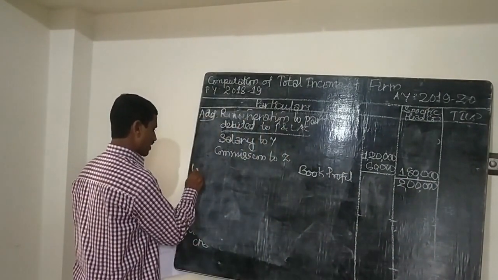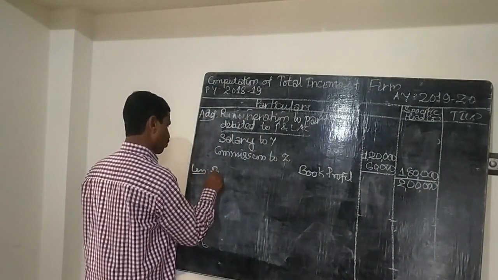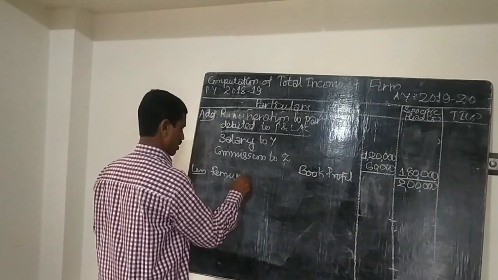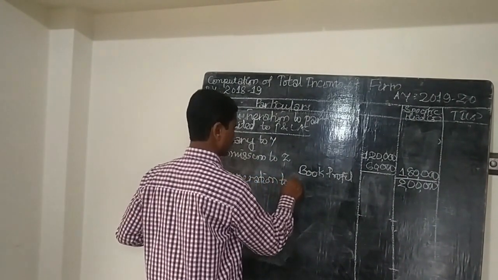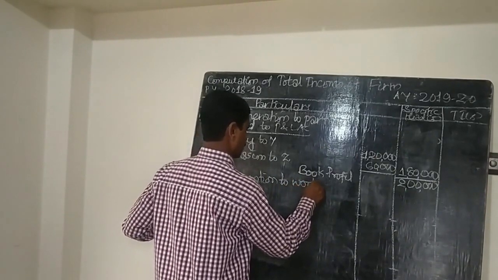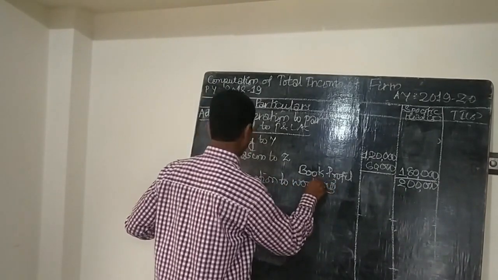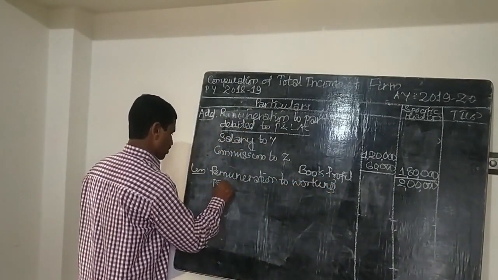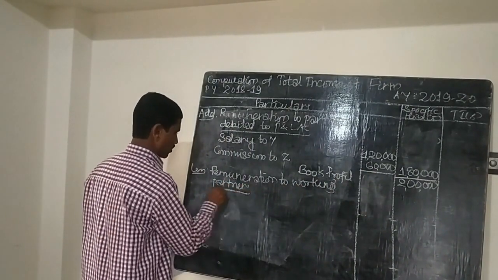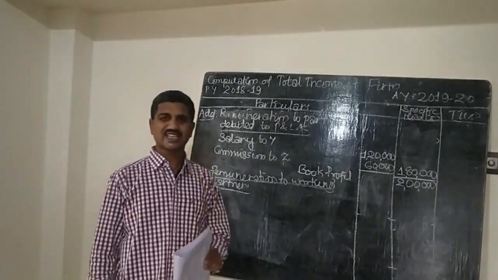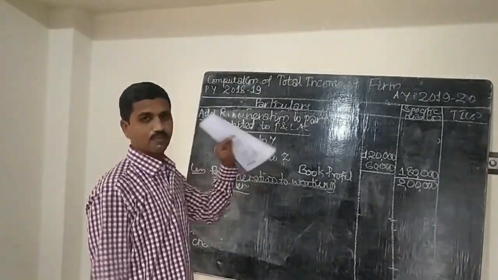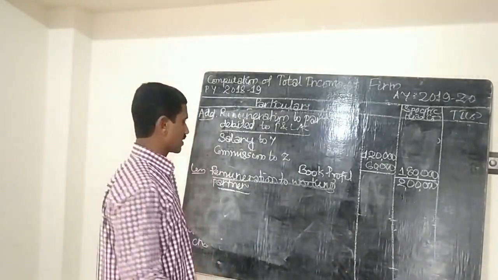Now less remuneration to working partners. So we have got Y and Z, whereas X is a non-working partner. Nothing has been paid to Mr. X here.